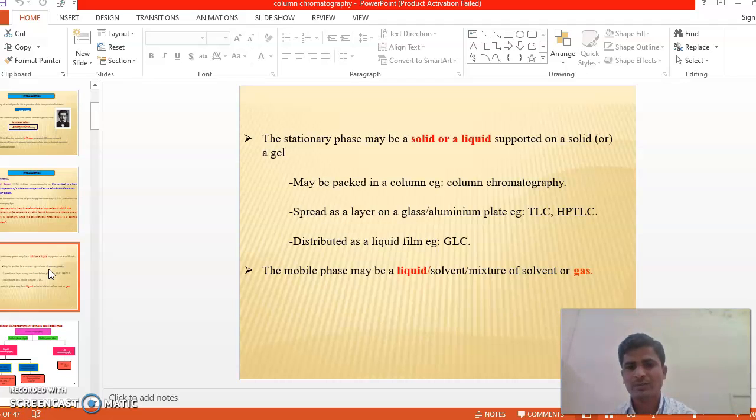In case of partition, the main mechanism is solubilization. The substance to be separated gets solubilized into the mobile phase. The higher the solubility, the less is the time for separation. So depending upon this, there are two types: adsorption and partition.